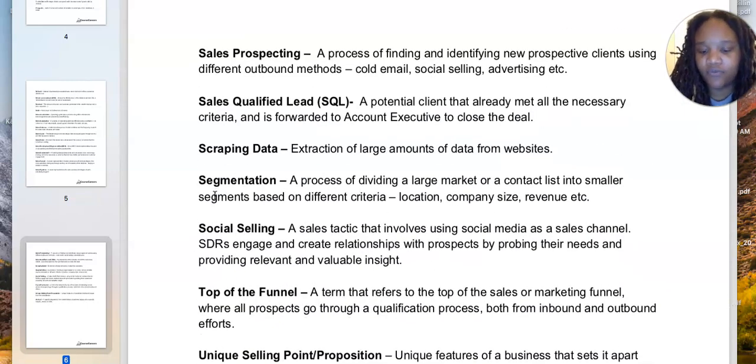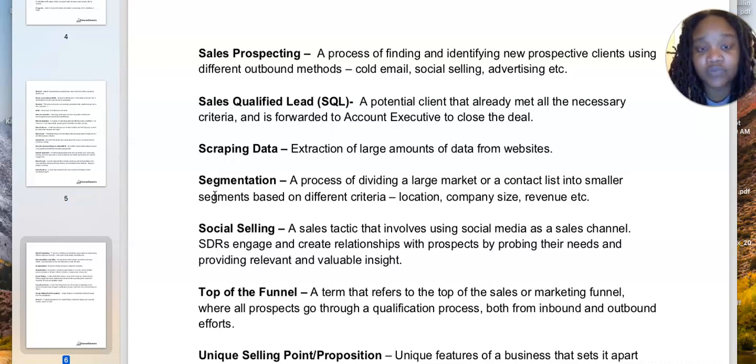Now, it may feel very redundant, but it's all part of the sales development terminology. So it's important to know each one of these. Don't just skip it because you're like, oh, that sounds like the other thing you just talked about. I promise you, they're all kind of alike, but there are little differences.